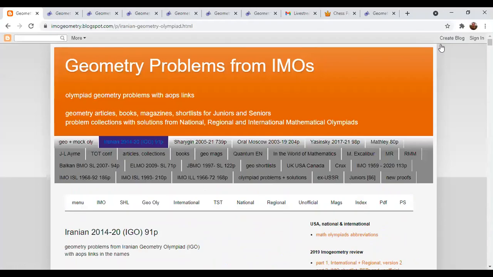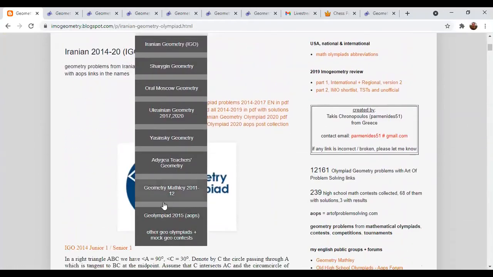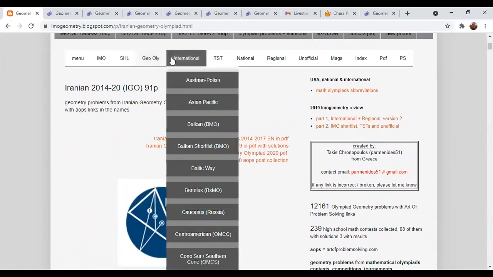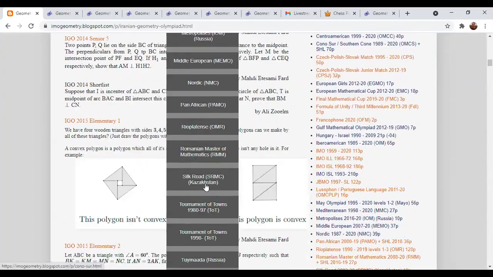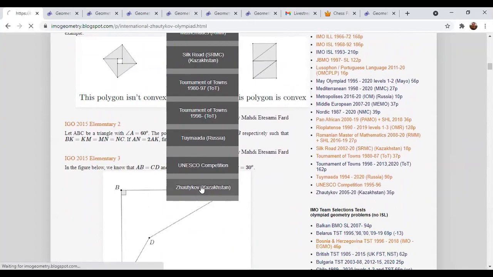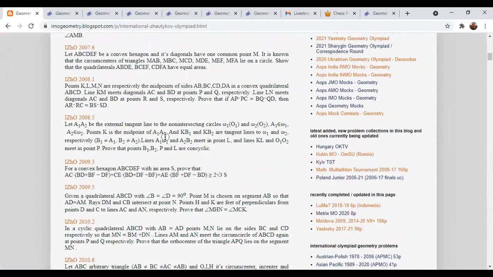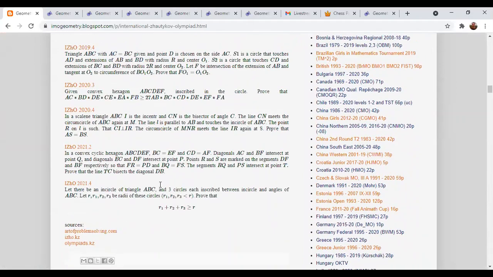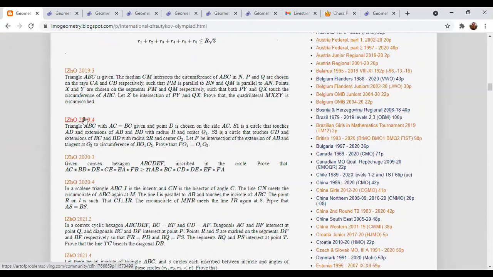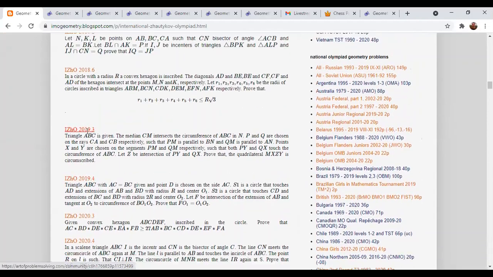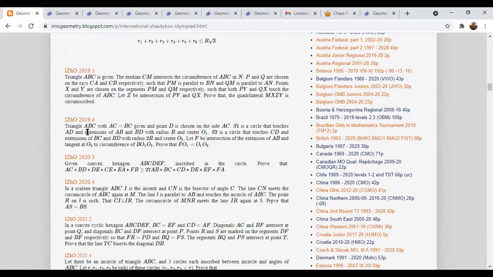Okay, I'll try that Olympiad. So I know it starts with a Z. I've seen it before. Is it like Kazakhstan? Oh yeah, here it is, Kazakhstan. It looks a little complicated.